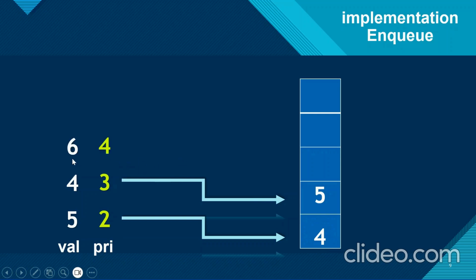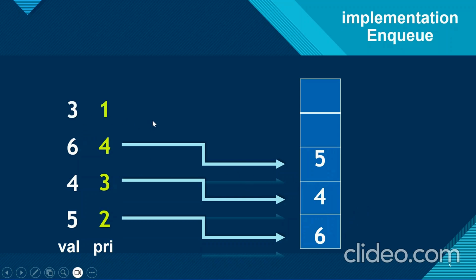What about this 6? Now this 6 has even higher priority than those two elements. This should again trigger a rearrangement of elements. First 5 would come here and 6 would come here, and then 6 would go to this place and 4 would take its place.